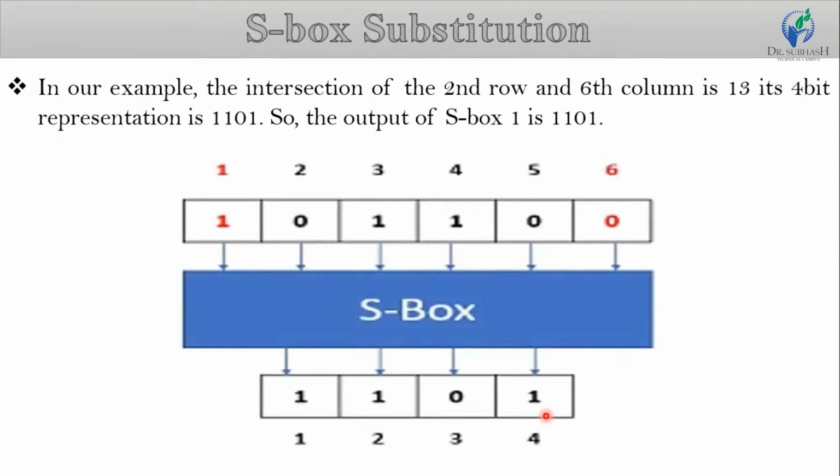So the output of S box 1 is 1, 1, 0, 1. Similarly, the remaining S boxes are carried out to find the remaining 4-bit outputs. In this way, the 8 S boxes generate 8 4-bit output blocks, which when integrated form the 32-bit output.